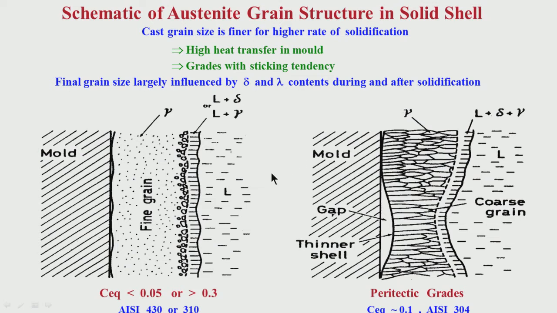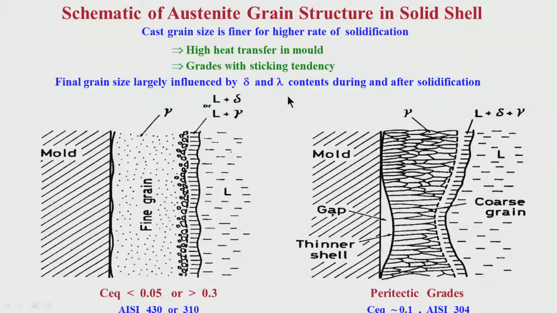So, that is why I have mentioned, based on these two broad categories, we have to design the continuous casting parameters. I will come into this after some time, but please remember these two basic solidification characteristics, we have to keep in mind, and we have to design the casting parameters based on these observations.